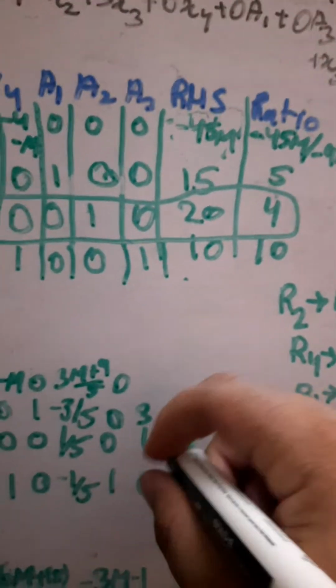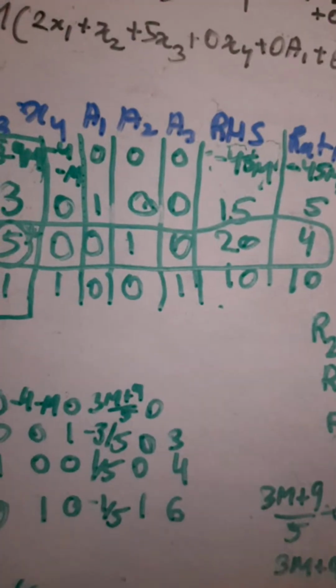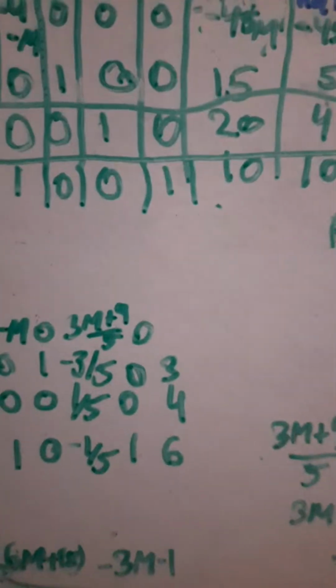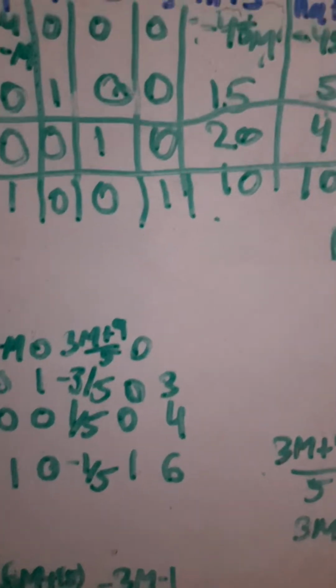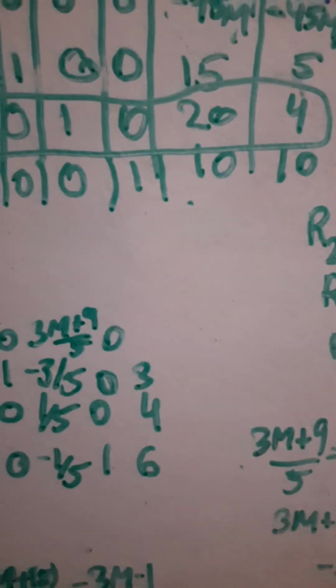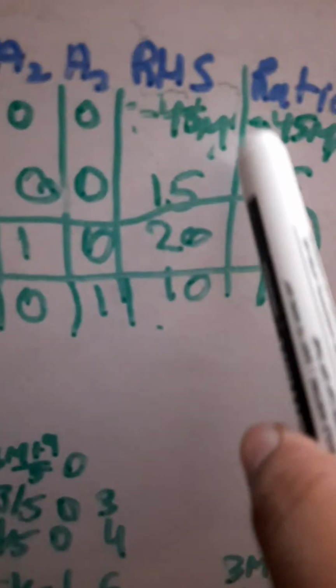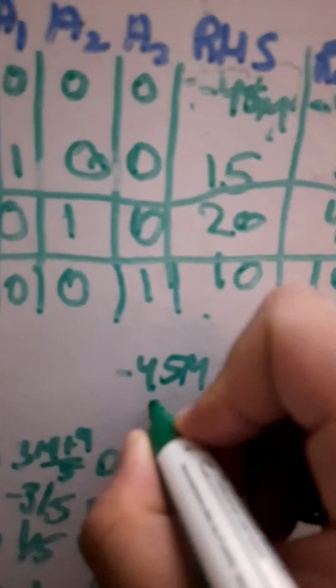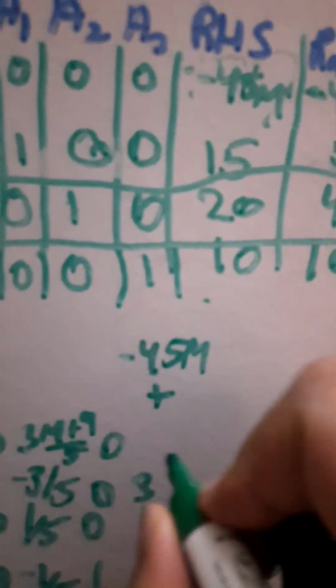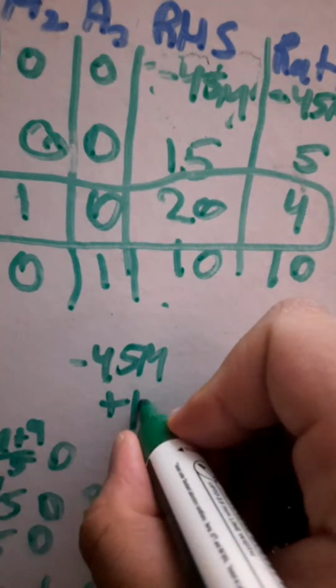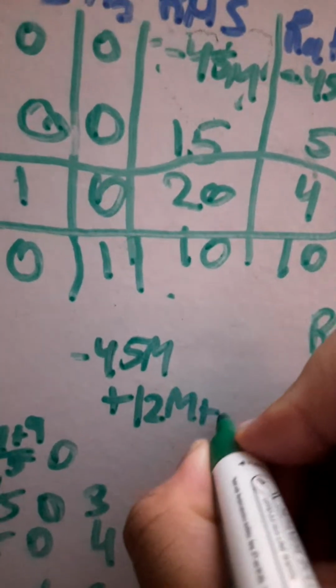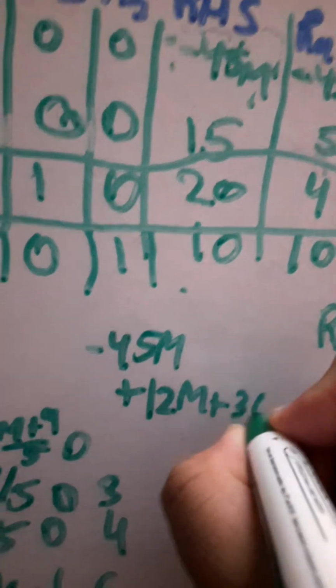Now RHS is 4. 4 into 3m plus 9, so it would be 12m plus 36. Since this is minus 45m, it would be minus 45m plus 12m plus 36.